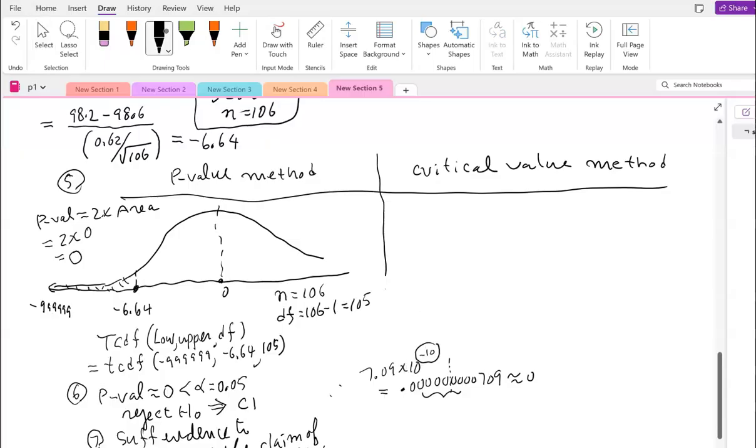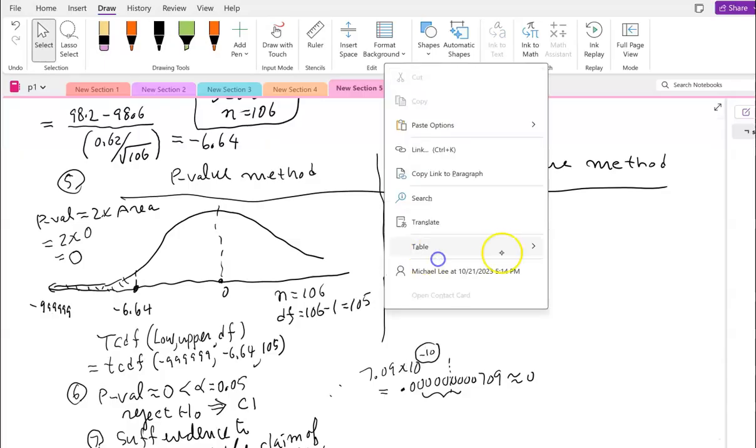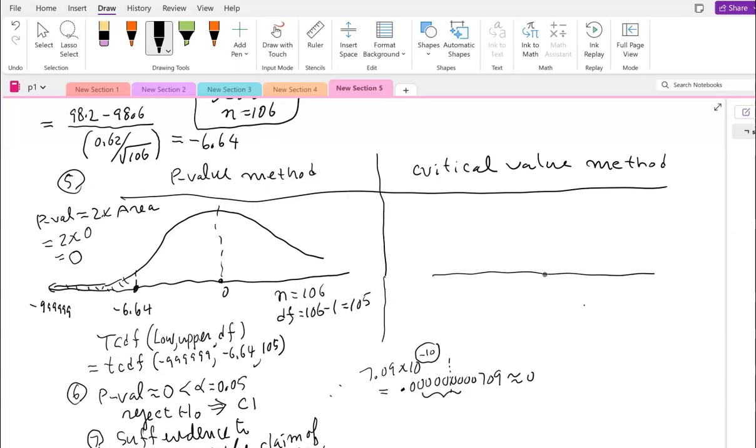Now the critical value method. Alpha is 0.05, and this is a two-tail test, right? In a two-tail test, to find the critical value, you divide alpha by 2.